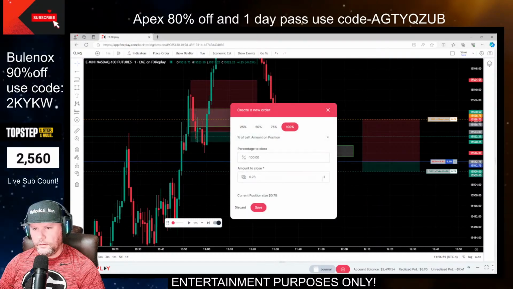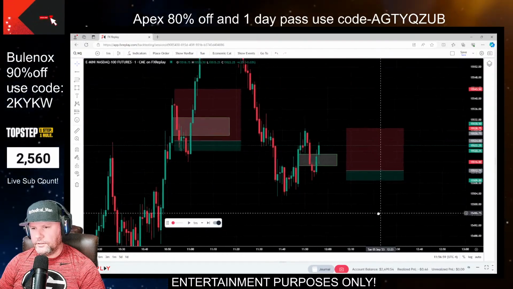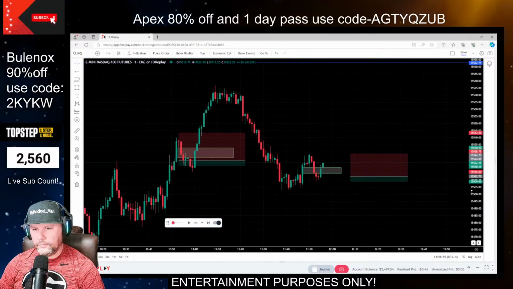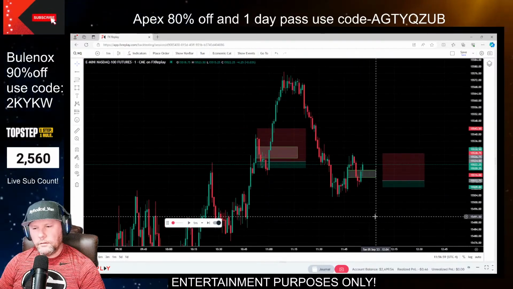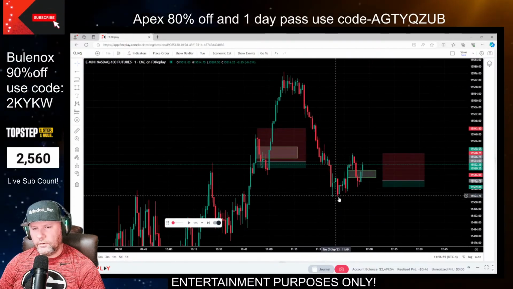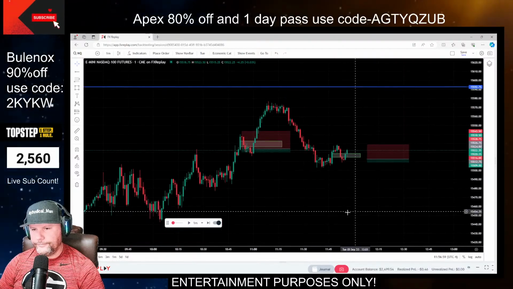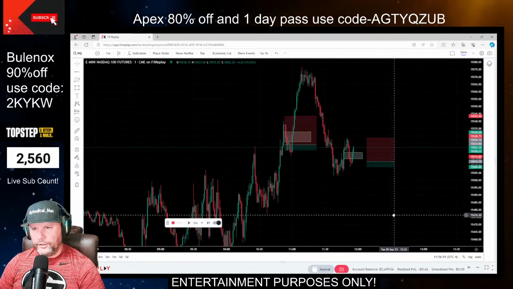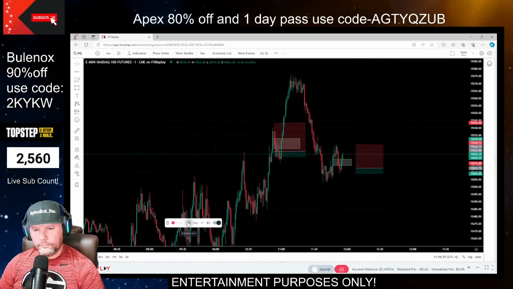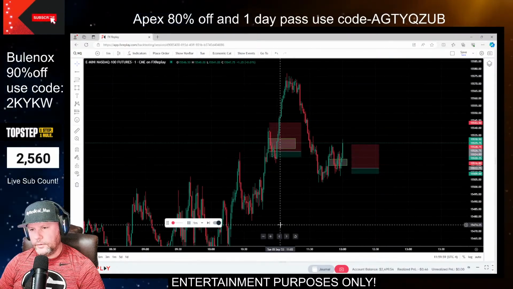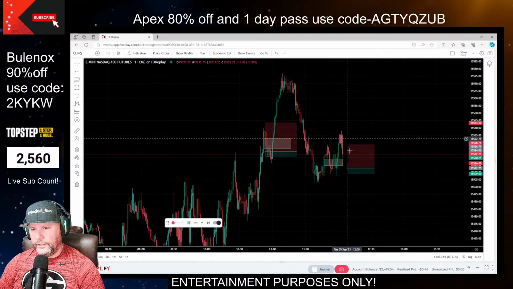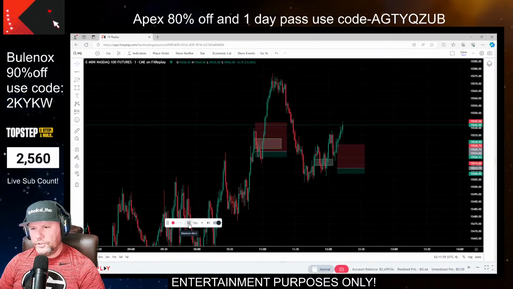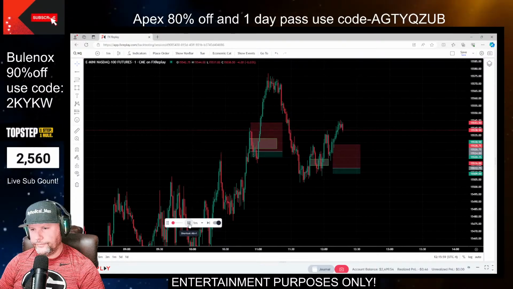Yep. So we'll just take it off for a loss. And it kind of makes sense. I mean, we hit equilibrium on this leg back down. So there you go. Kind of right there at noon. Chopping around, chopping around.